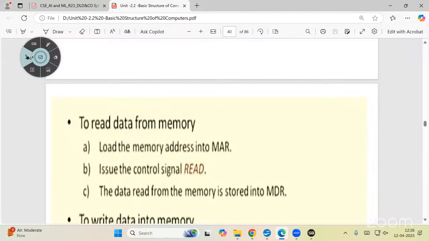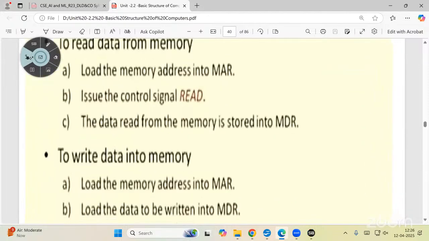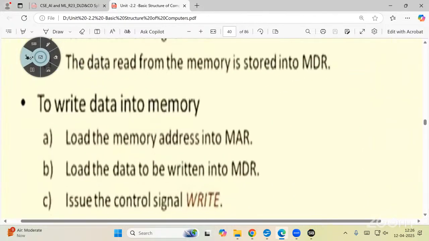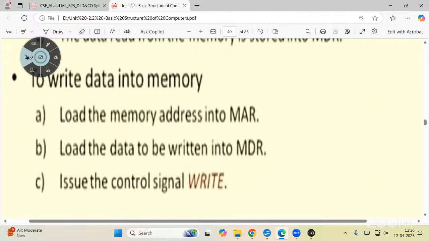After identifying the location, this data can be loaded into the data memory, that is from the MDR to that location. So load the memory address first, then load the data into the MDR register. Then after the MDR, issue the control signal for the write operation. So this is the writing operation.